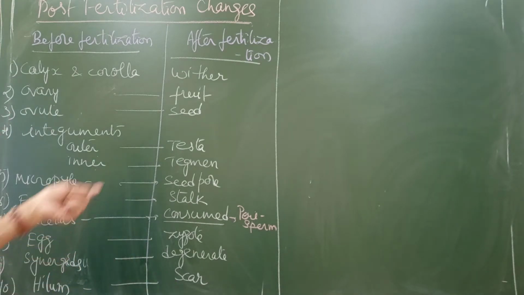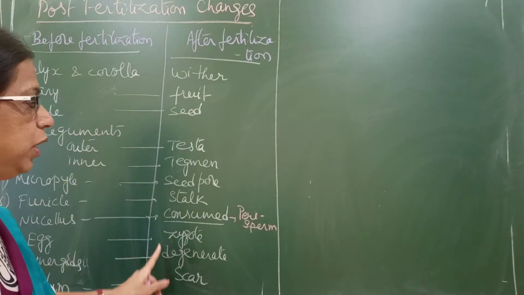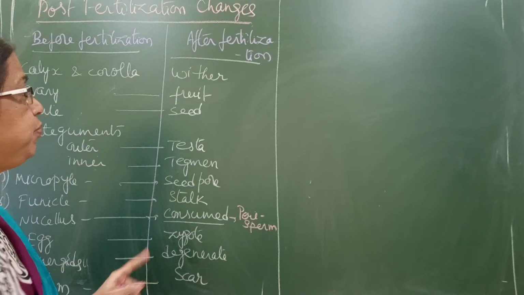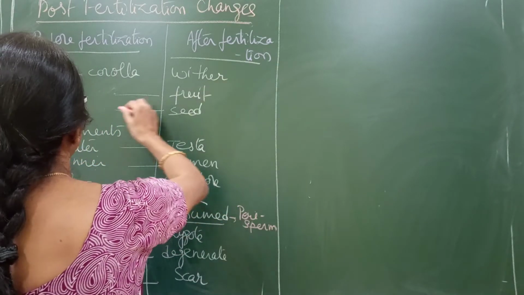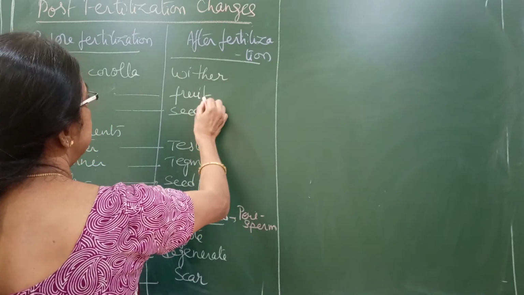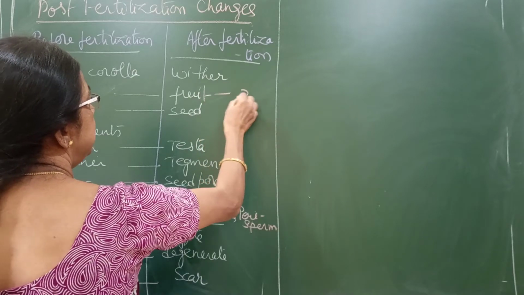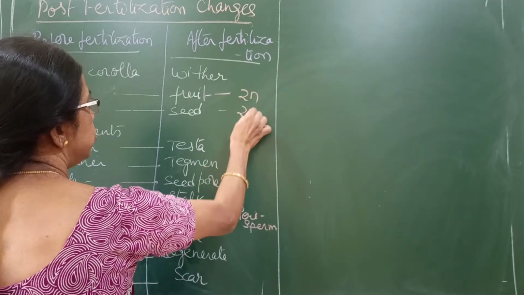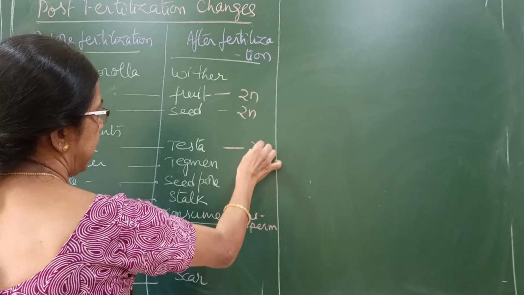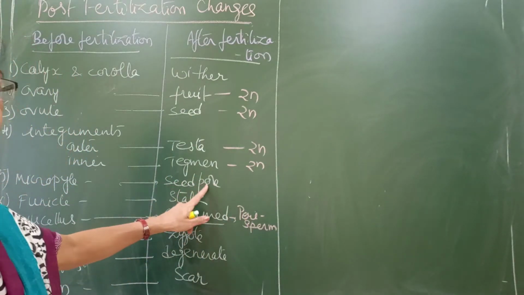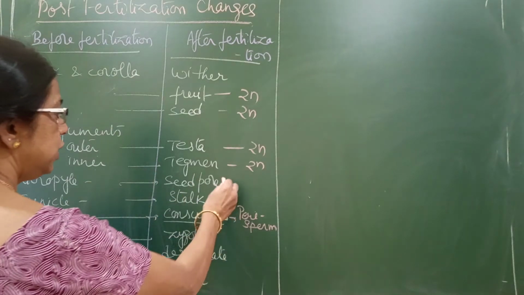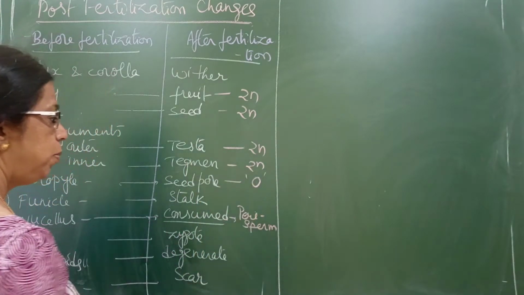Now we can also give the ploidy of each part here. Suppose we take the ovary changing into fruit, the ploidy will be 2n. Similarly, the seed coat and tegmen will be 2n. Seed pore, which is just an empty space, we can give 0 ploidy.